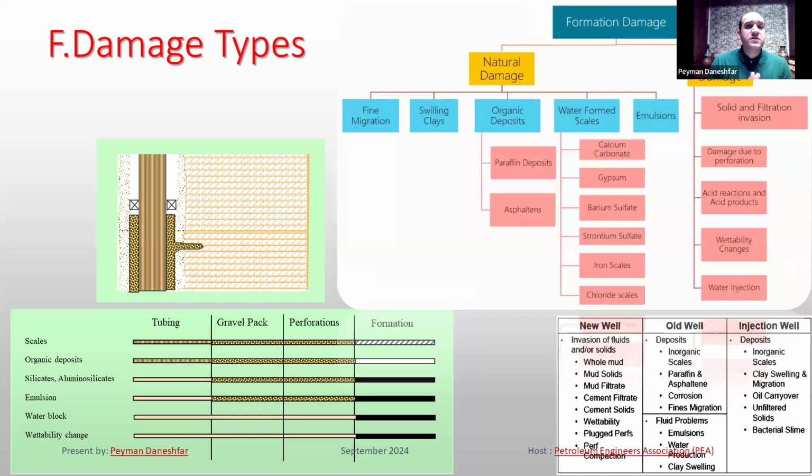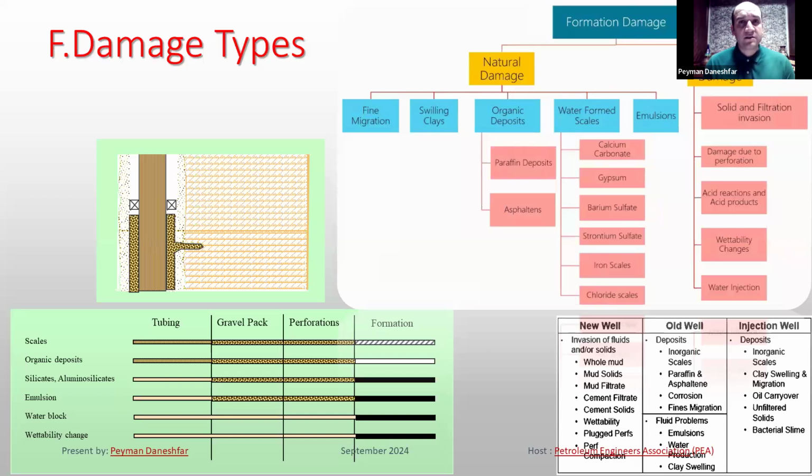Some formation damages are natural in a well, such as fines migration, swelling clays, organic deposit, or we can categorize them as deposition, such as organic, emulsion, or water-formed scale.